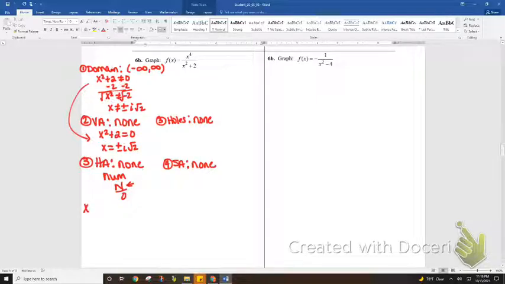All right. X-intercept. Remember, for the x-intercept, the shortcut is set the numerator equal to 0 and solve. So x to the fourth equals 0. We can take the fourth root of both sides, and we still get x equals 0.